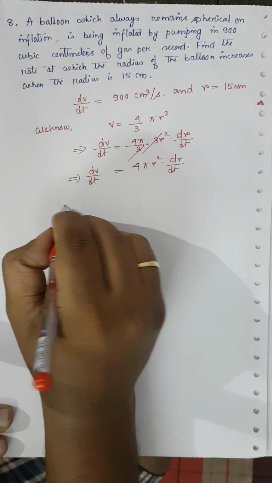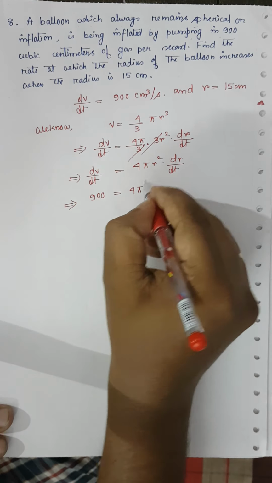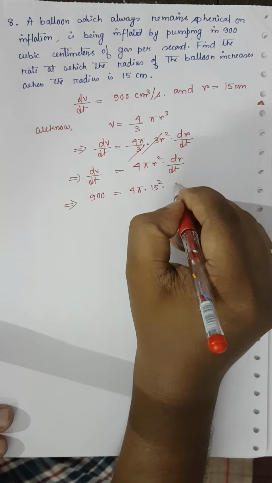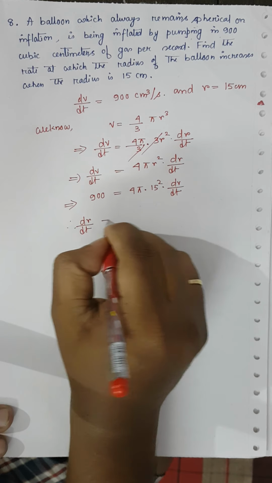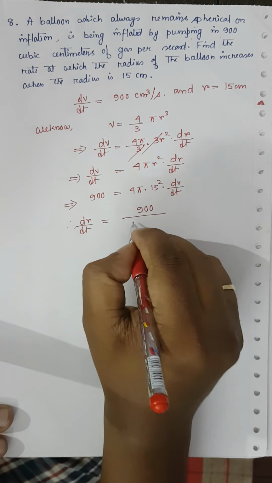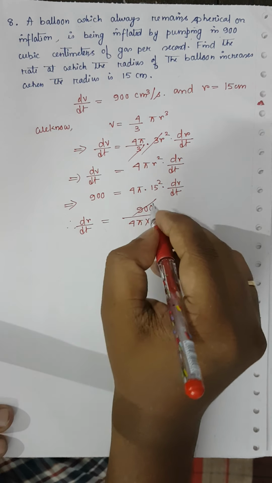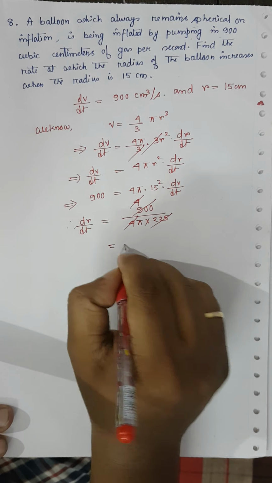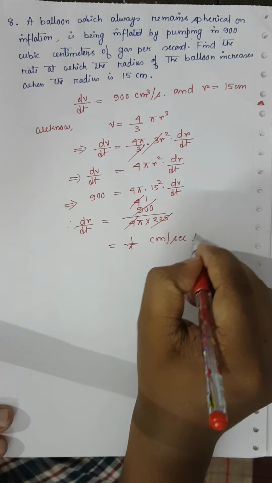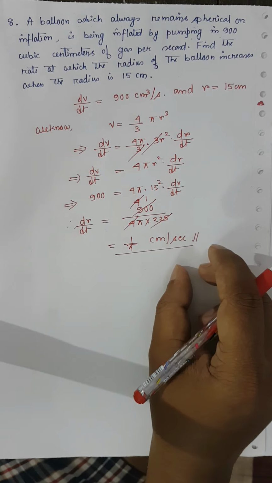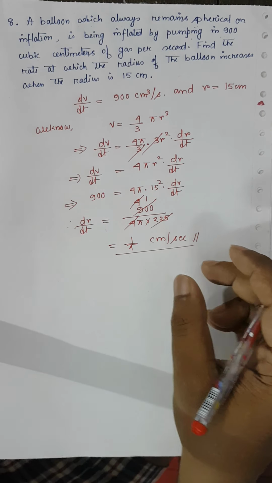Now if I place the values, this is 900, this is 4 pi, the value of r is 15 square, so dr by dt. So if I find the value of dr by dt, it is equal to 900 divided by 4 pi multiplied by 225. Now dividing by 225, the 4 cancels, it is 1 by pi centimeter per second. This is the rate of increase of radius with respect to time at the instant when the radius is 15 centimeter.